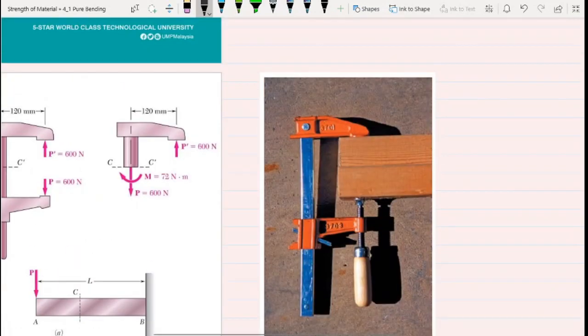This photo shows a steel bar clamp used to exert 600 Newton forces on the two pieces of lumber as they are being glued together. So we have two pieces, 1, 2.